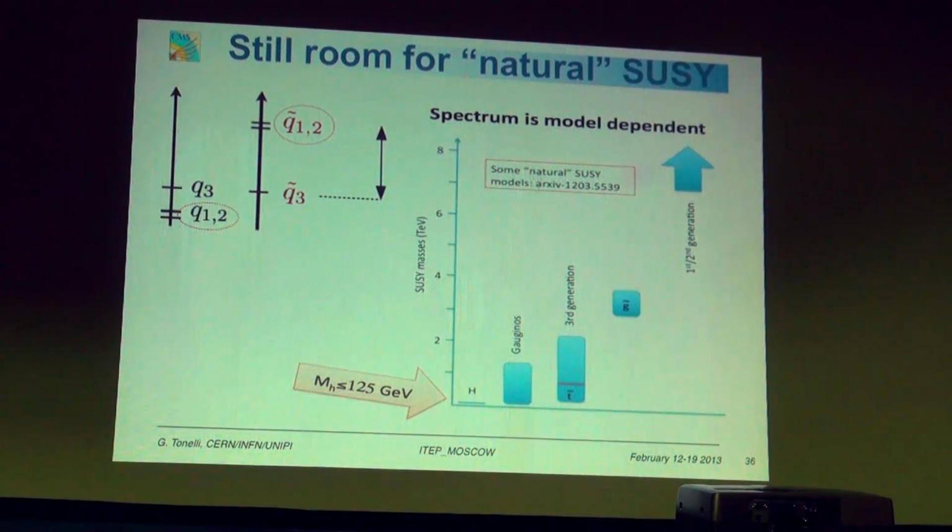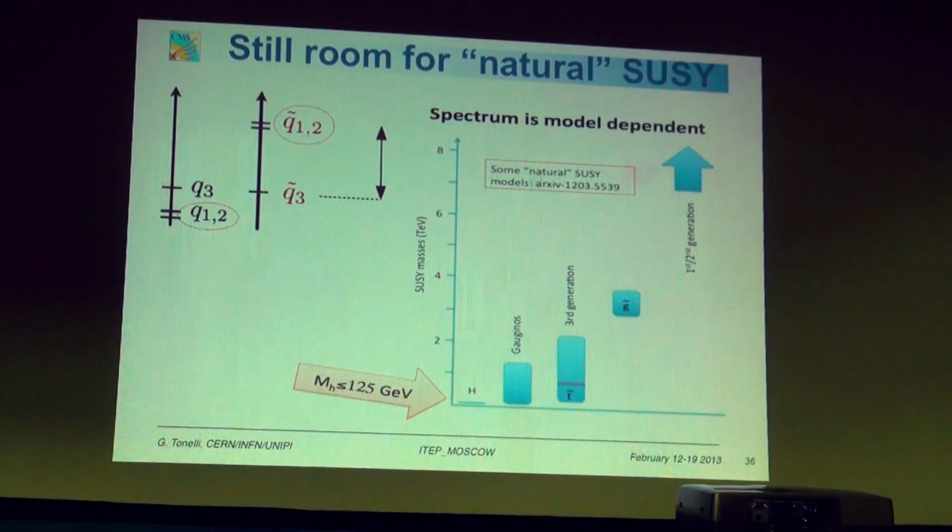For example, a stop would decay into a top, so there is a role to be played by the boosted-top techniques. So what is happening in CMS and ATLAS in the last year, since the first round of searches for strongly interacting SUSY with first and second generation being the lightest, is that it is becoming less and less probable.